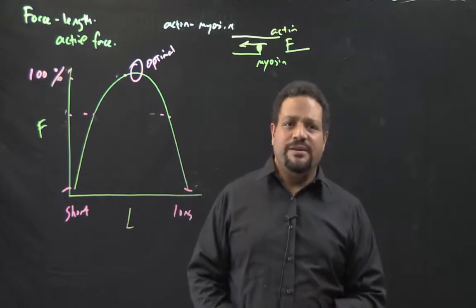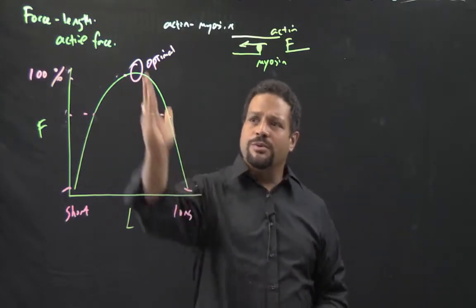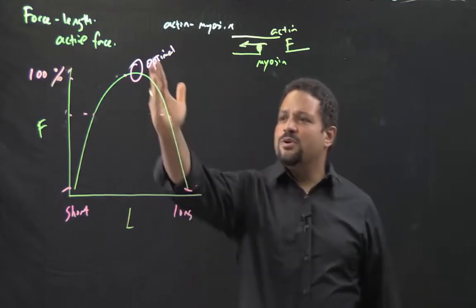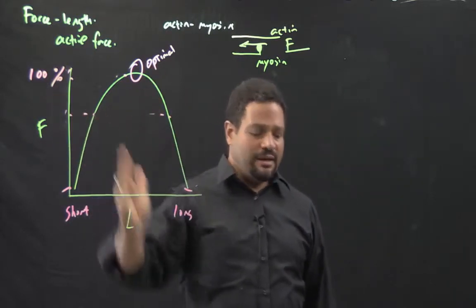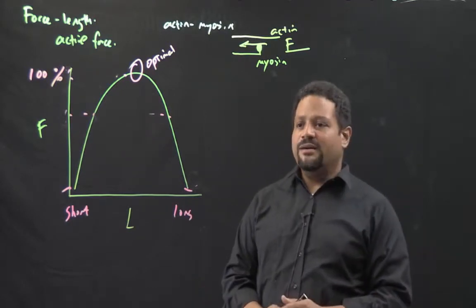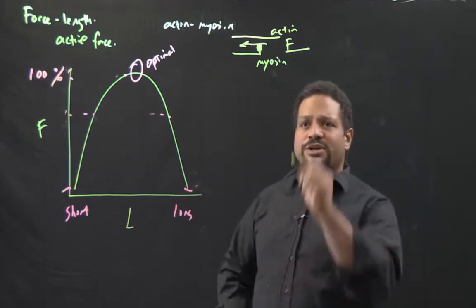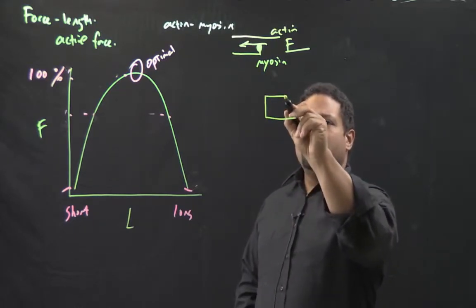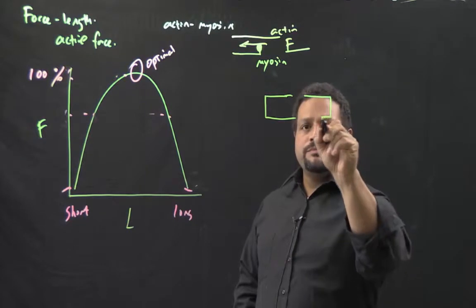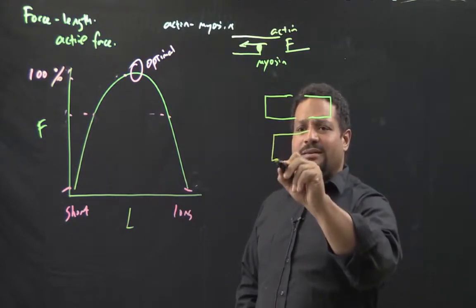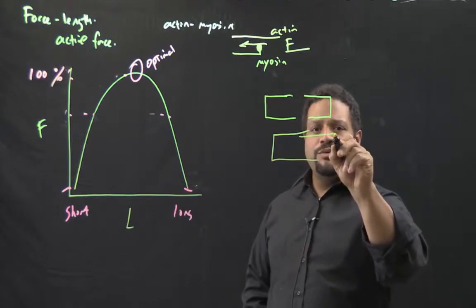I've cleared the screen a little bit, and now I'm going to talk about what happens on this portion of the graph. This portion of the graph, you get shortening of the sarcomere. It's a little bit more complicated than elongating of the sarcomere, because what you have here at shortening, so this is optimal. When you get shortening, you get some of the actin overlapping with each other.